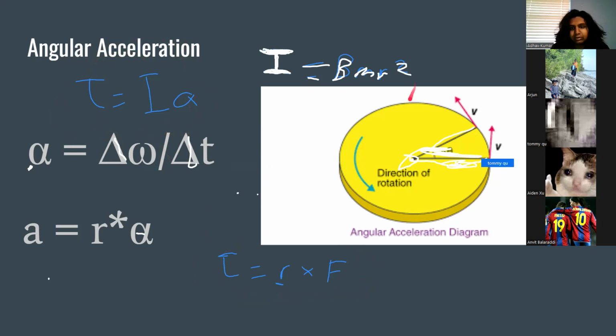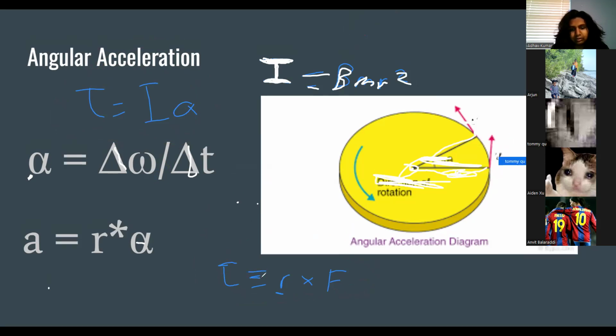Here, to make that clear, torque is defined as R cross F. So any questions about torque, what it is, how it works? No, Tommy, Aiden, all good. Okay.